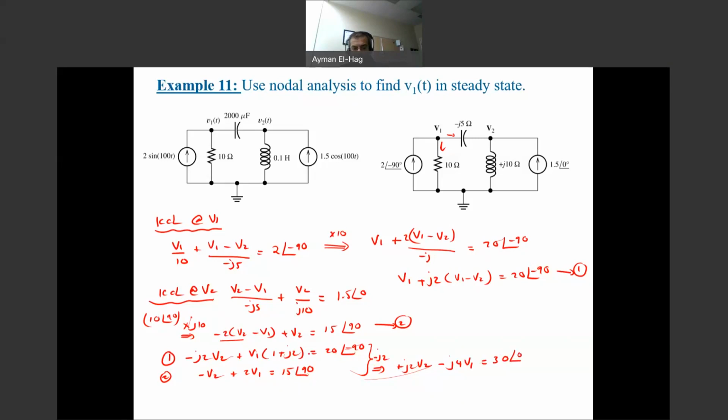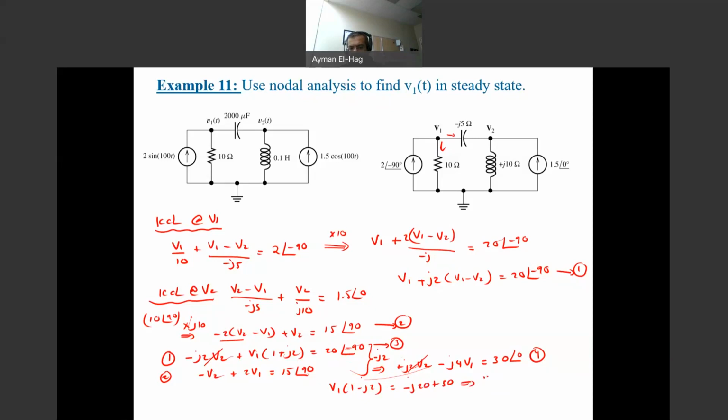So now we have these two equations, and we just add them. I will call this one 3 and this one 4. So we add 3 plus 4. When we add these two equations, this will cancel with this, and we'll have V1 times this and this. So this becomes V1 of 1 minus J2 equal to 20 angle of minus 90, or minus J20 plus 30.